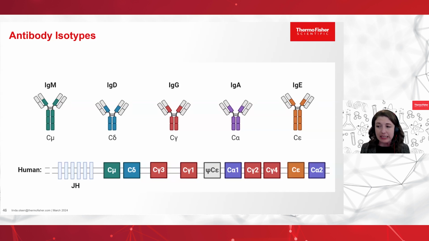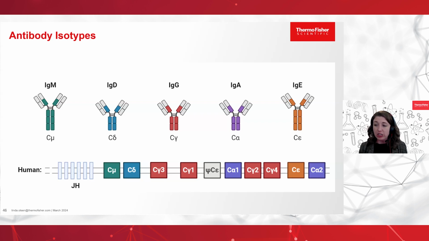IgG is the most abundant antibody in the blood and is the main antibody involved in secondary immune responses. It can cross the placenta and help provide passive immunity to the fetus. It is the antibody that interacts most because it's in the highest concentration.